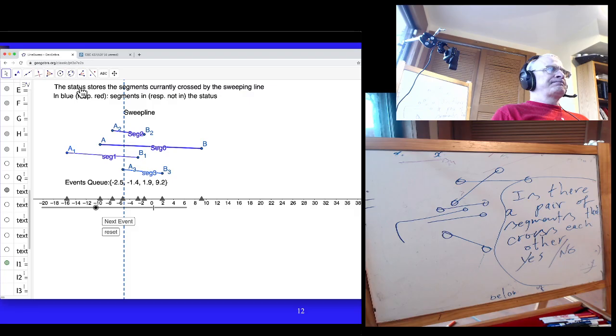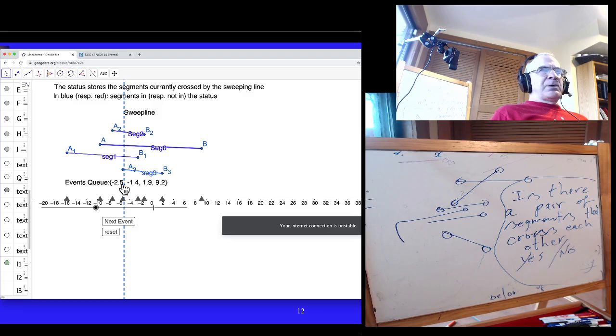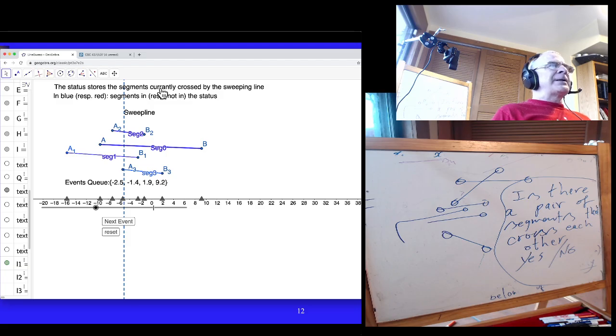We will use this term status, and the status is the segments that are crossed by the line at this moment. Once again, the status stores the segments that are currently crossed by the sweeping line. So the status right now is segment 3, segment 1, segment 0, segment 2.